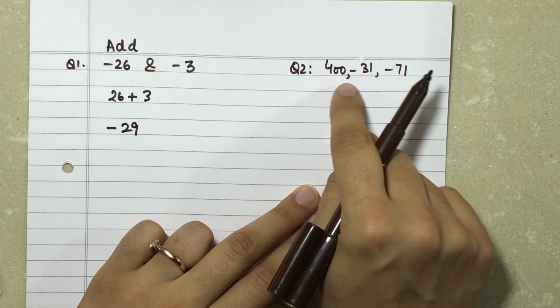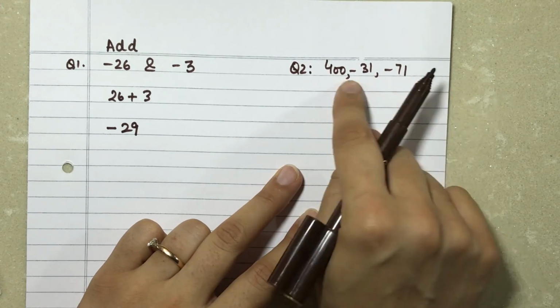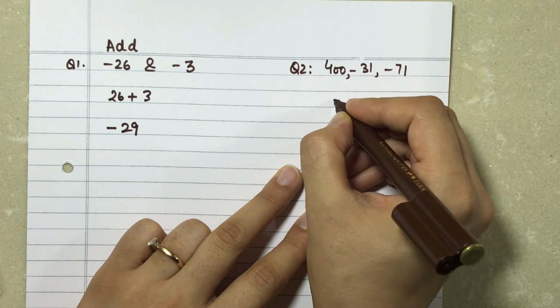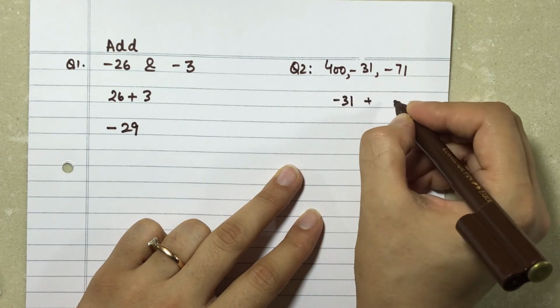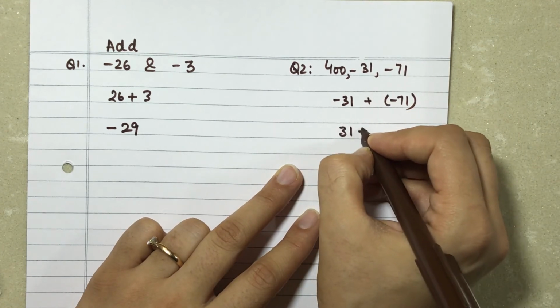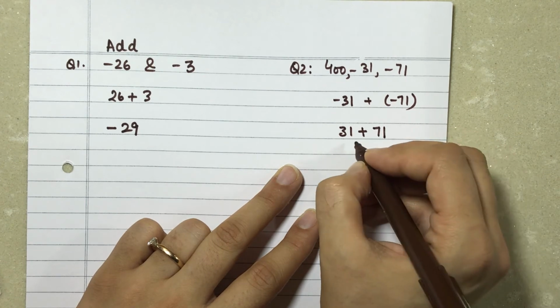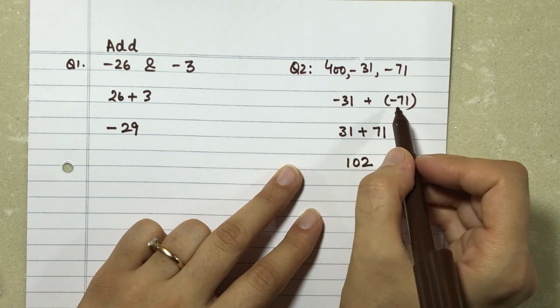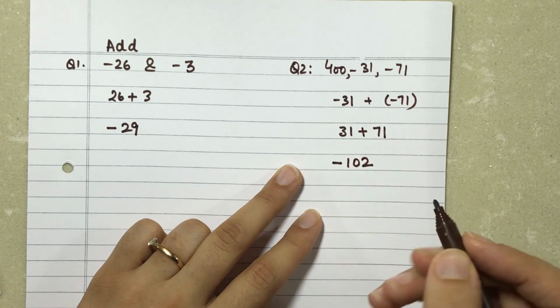If I have 400, minus 31 and minus 71, I'm going to apply rule 1 to minus 31 and minus 71. So minus 31 plus minus 71 gives me absolute values 31 plus 71, which becomes 102. Since my common sign is negative, I'm going to put a minus sign.